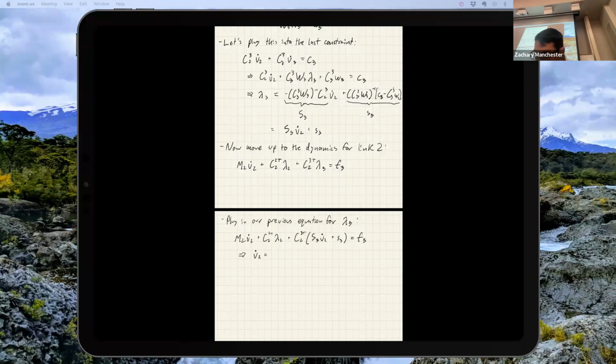It looks a tiny bit different than last time because we've got this extra term now that couples us to the next link. But otherwise, structurally, it's exactly the same situation. So this basically modifies the mass matrix for this link number 2, and then we get a term over here. So that's the matrix times the lambda, and then we get a vector term over here.